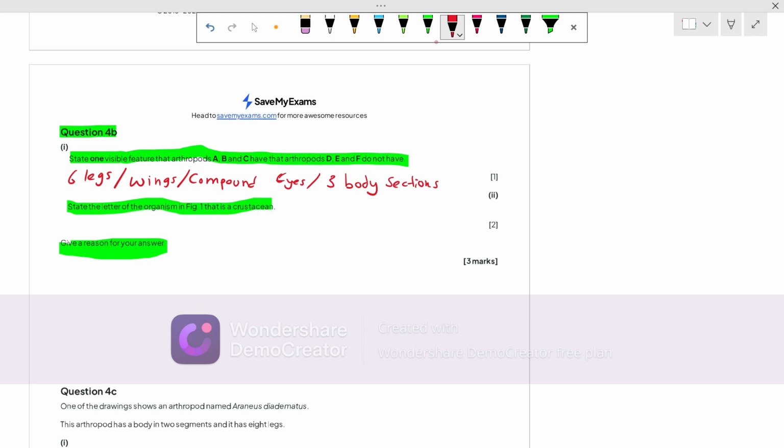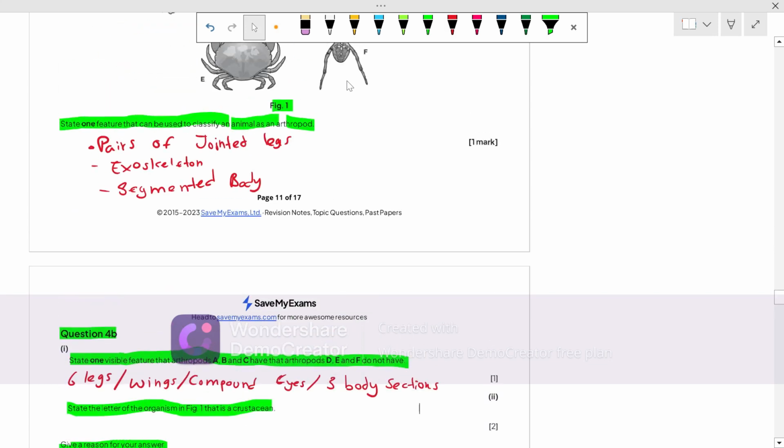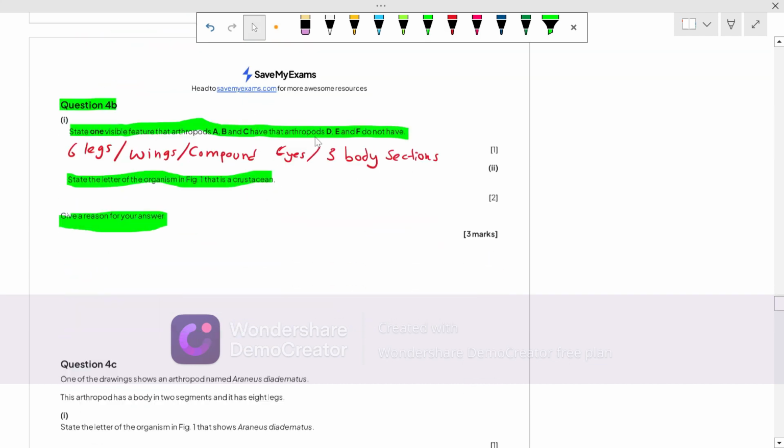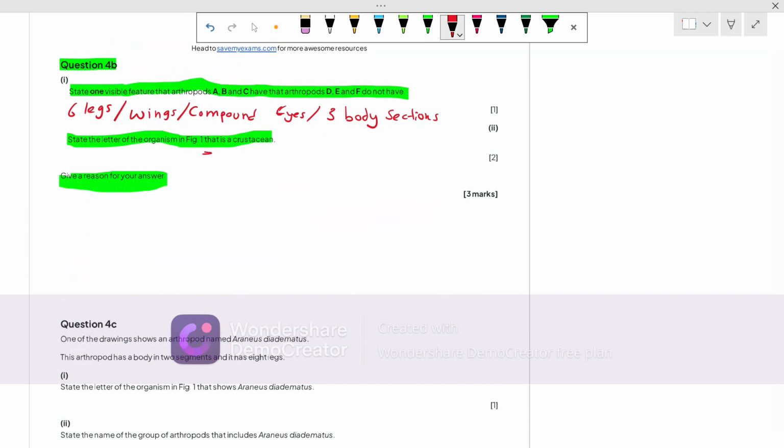State the letter of the organism in figure 1 that is a crustacean. The one that is a crustacean is a crab, which is E. E is a crustacean, so we write E. Give a reason for your answer. The reason E is a crustacean is because you can write any one of the following.